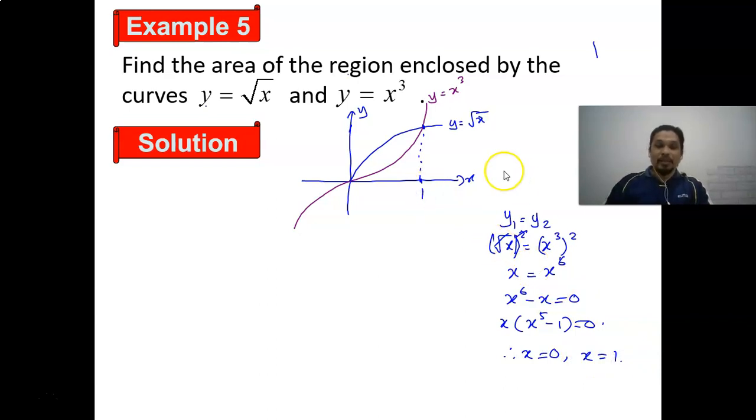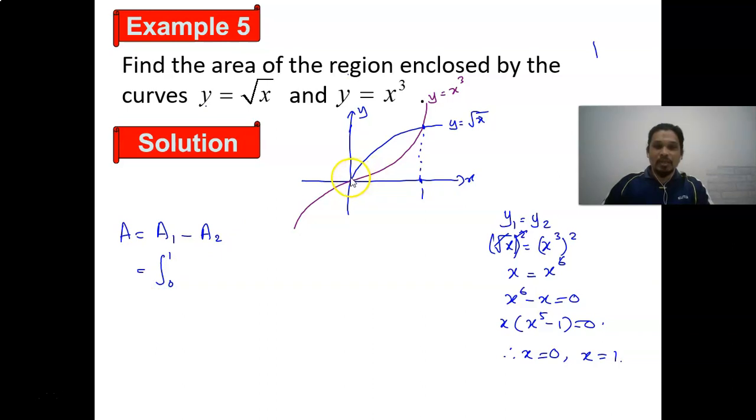Okay, now we are going to integrate with respect to x, meaning the area from the curve to the x-axis. To find the area between these two, we need to find A1 minus A2, the integral from 0 until 1.